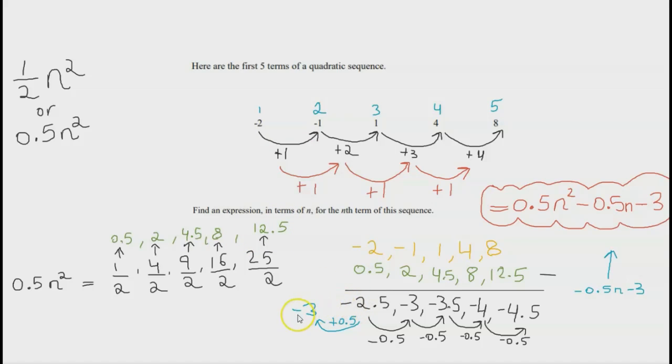Then we just have a linear sequence left over, and it'll always be linear. So it's pretty simple: you find the nth term of that, and then you add that onto the end of the n squared bit, and that's your answer.